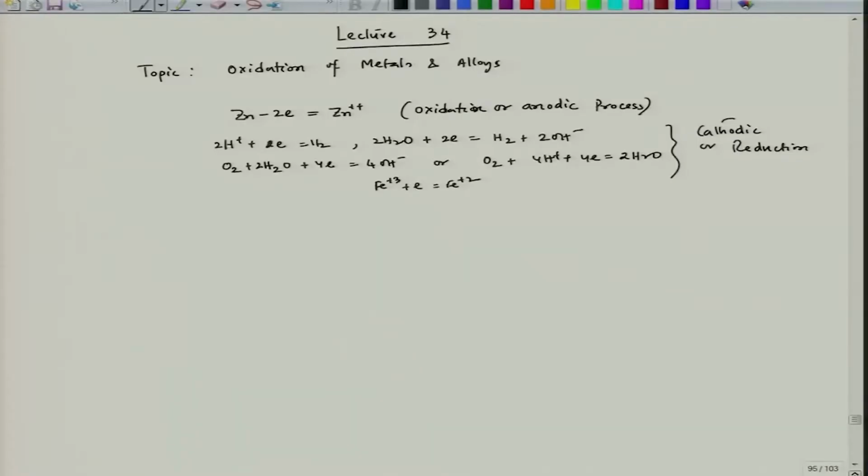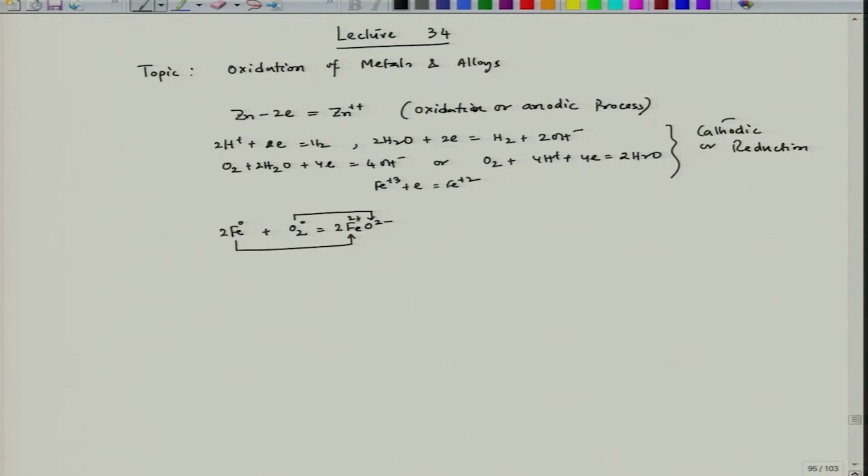If you see a particular process like Fe plus O2 going to FeO, the oxidation number is 0 now, but when it forms and if I balance it, oxygen goes to O2- and iron goes to Fe2+.